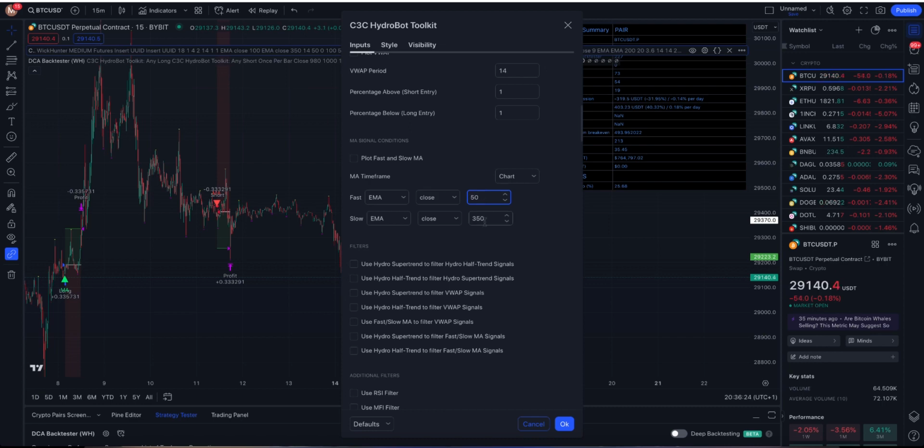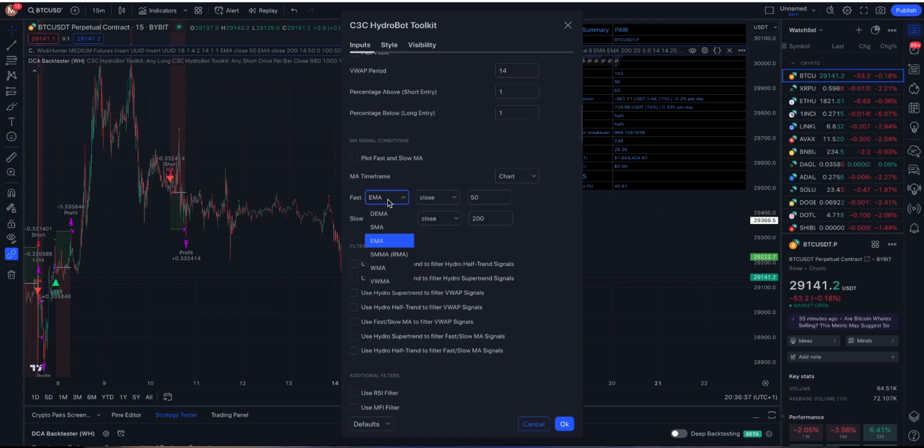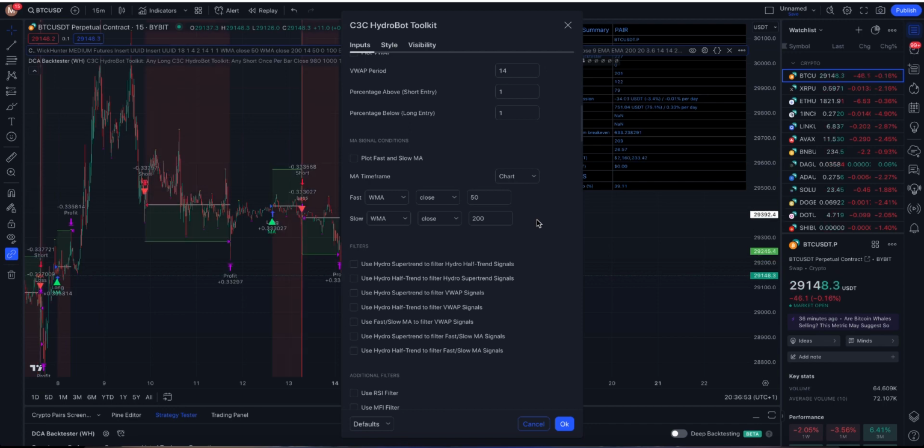Let's try 50 and 200. Still not good. Let's try changing some of the MA type. I do like the WMA. So let's see what that does. Looks a bit better, but still not what we want.